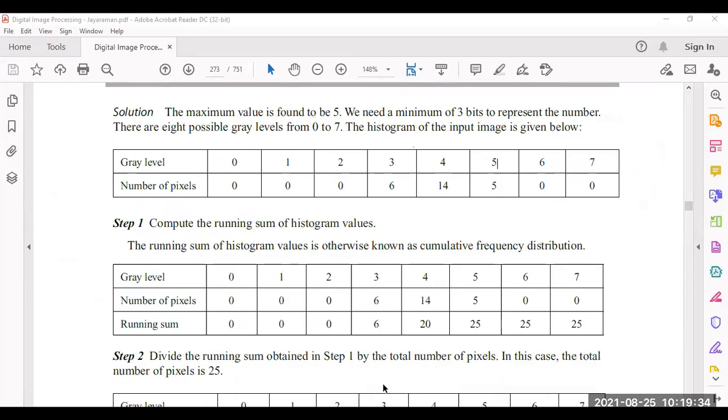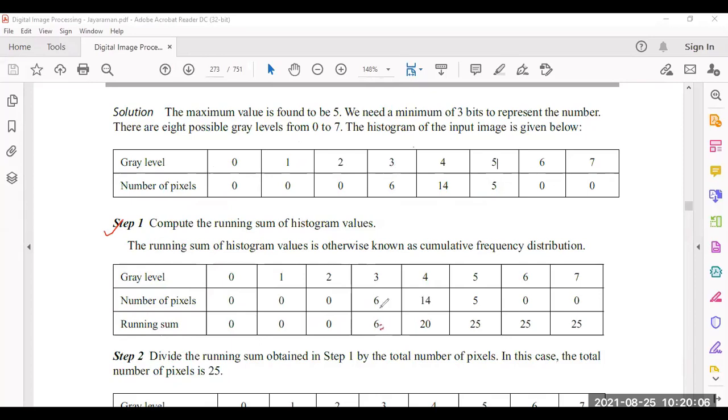Then the next step is to compute the running sum of the histogram values. What do you understand by running sum? Running sum means you add cumulative values; you find the cumulative value of the histogram. Now I will add the running sum here. First it is 0, then again 0, 0 plus 0 is 0. Now it will be 6. How is 6 obtained?